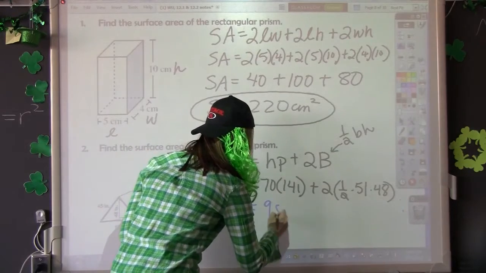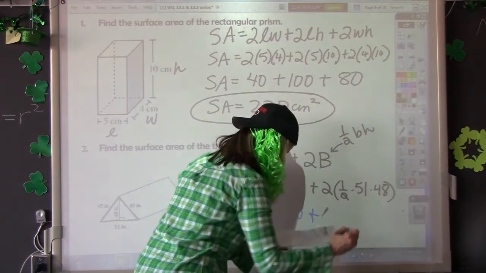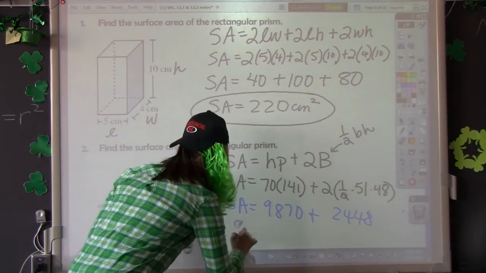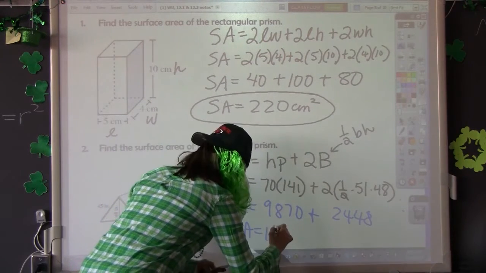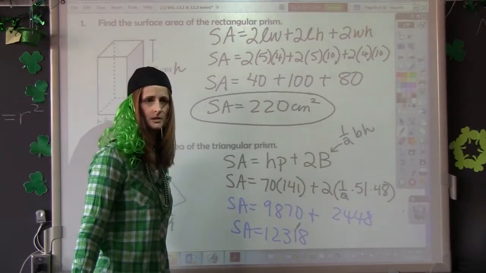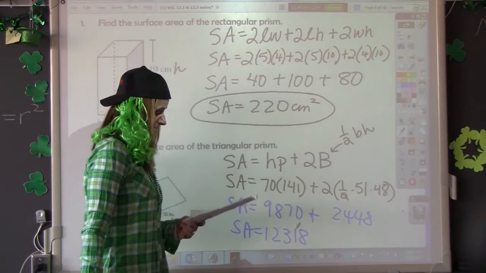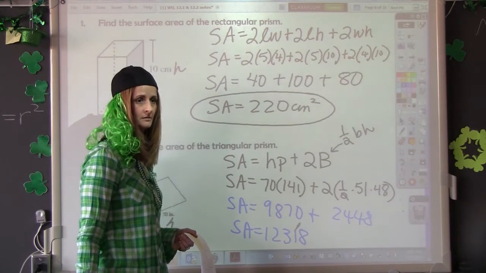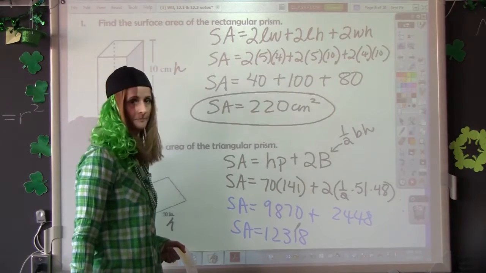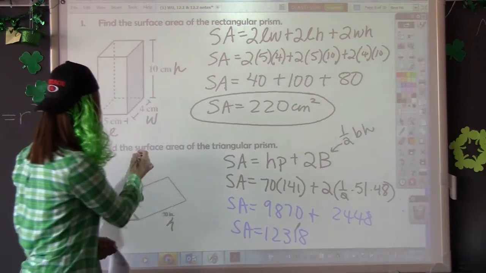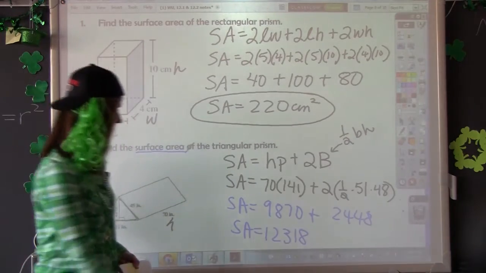I got... Is this correct? 12,318. Is that right? I just did this yesterday. Okay, and so units? Inches squared. Good.